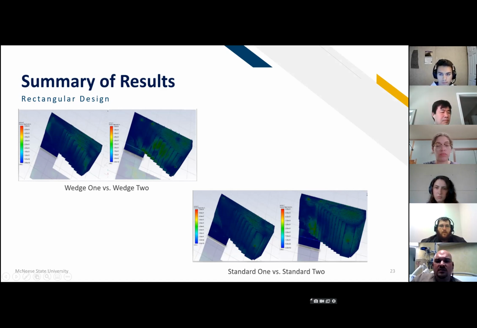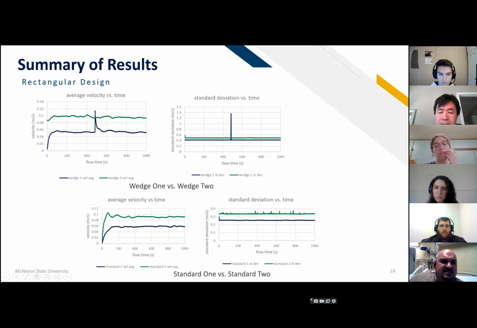So now we're going to look at some numerical data. This is the summary of the numerical data. The green shows the second run, the wedge 2, and the blue shows the original wedge 1.